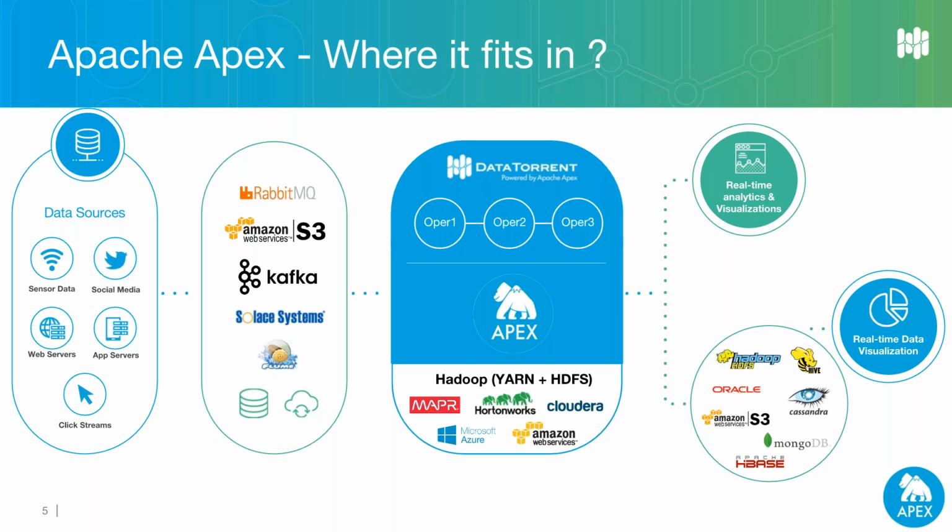So Apex, you can think of it as a specialized Yarn application, wherein we use Yarn to deploy the operators on containers. That's why we have shown Hadoop over here. And obviously the Hadoop cluster could be any version. You can use Cloudera or Hortonworks, or even run Hadoop on the cloud, and you can install Apache Apex over there.